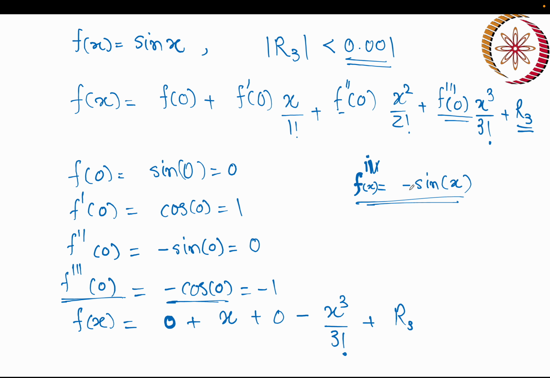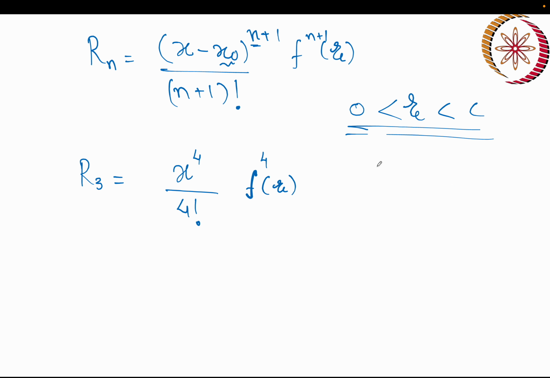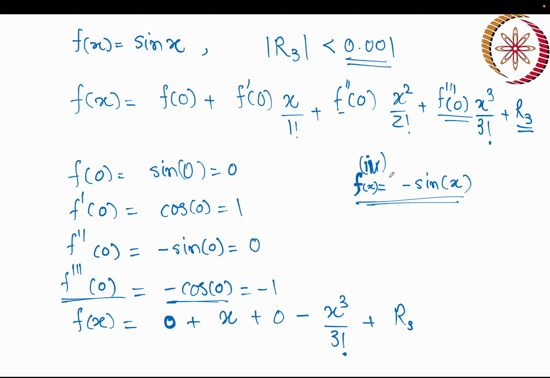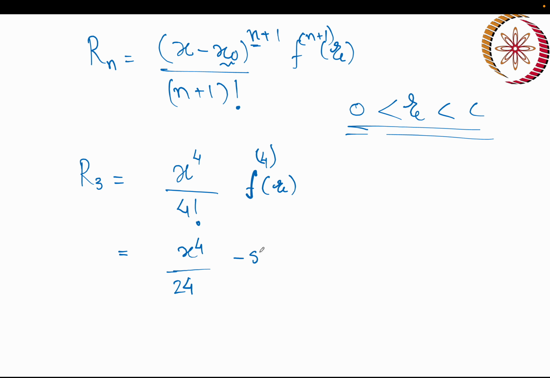If we go one step further and compute the fourth order derivative, it will be minus sin x, and if we substitute here, it will be x raised to 4 over 4 factorial, which is 24, times the fourth order derivative, that is minus sin x, but not x, it is xi.